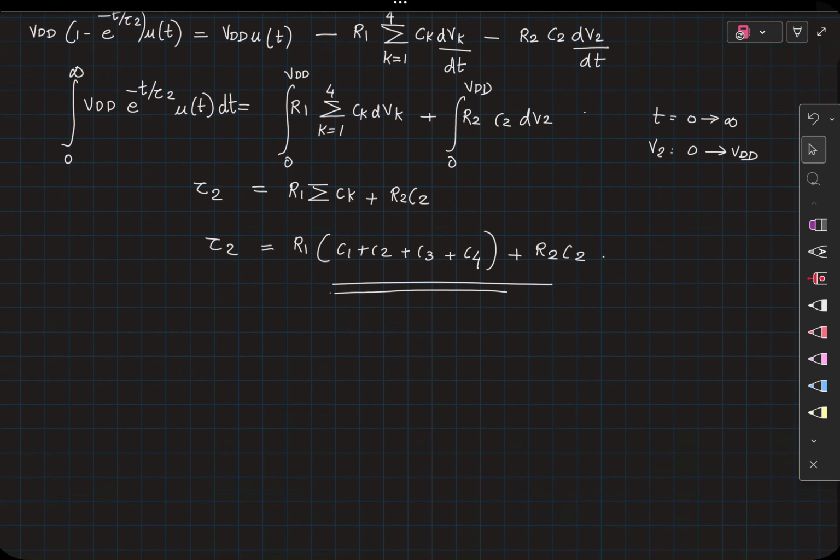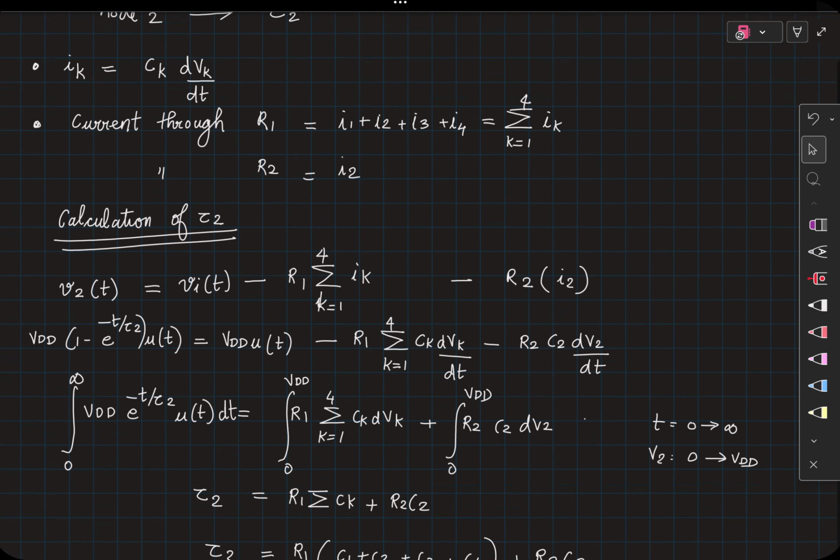You can see that in your expression for tau 2, you are able to see all the capacitances in the circuit. Right? So I can write it as tau 2 equal to, I'm going to write, there is C1, C2, C3 and C4. Now I simply need to figure out what is the resistance that needs to appear along with each of these capacitances. Right?